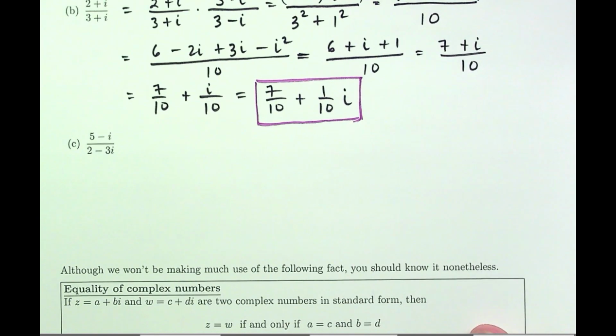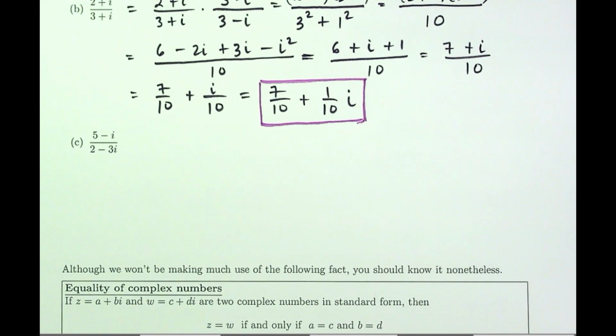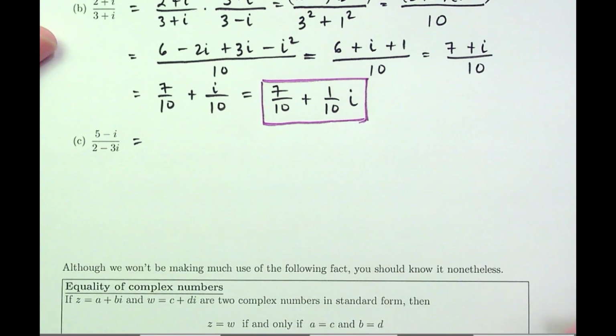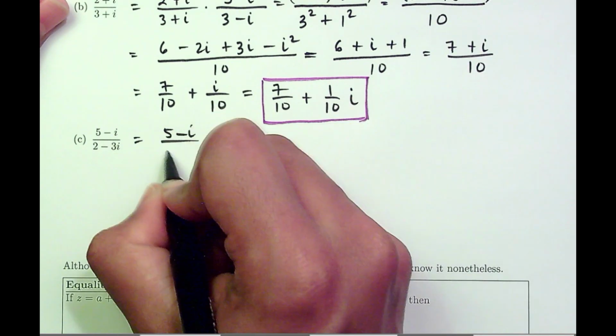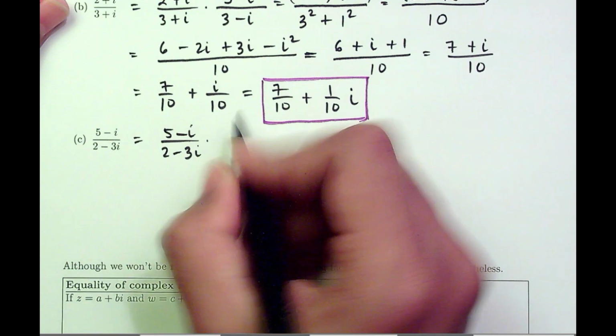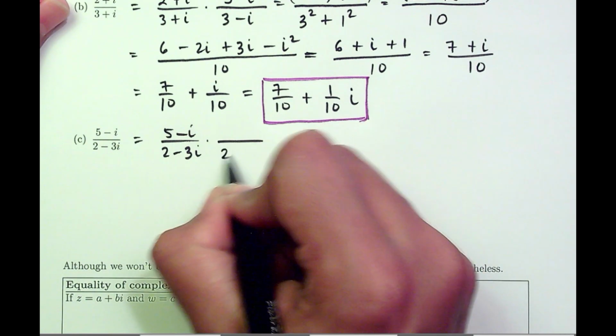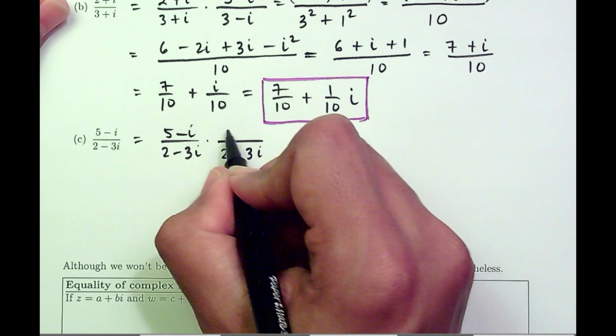Now you should pause the video and try to do the very last example. Okay, let's compare notes. This is going to be 5 minus i over 2 minus 3i, multiplied by the complex conjugate on the top and the bottom.